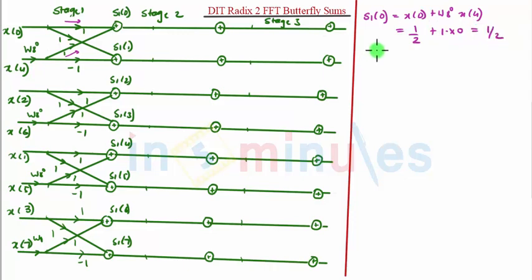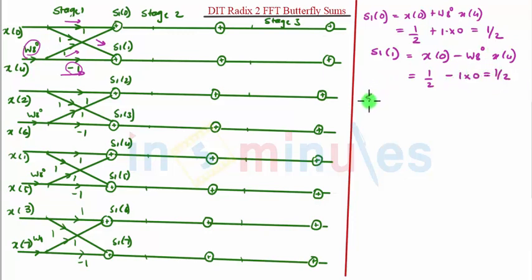Let us see S1 of 1. S1 of 1 is receiving input from x of 4 and x of 0. But remember, x of 4 is multiplied by this factor and minus 1. So the equation would be x of 0 minus W8 raised to 0 x of 4. So that is half minus 1 into 0. Again we get the answer 1/2.